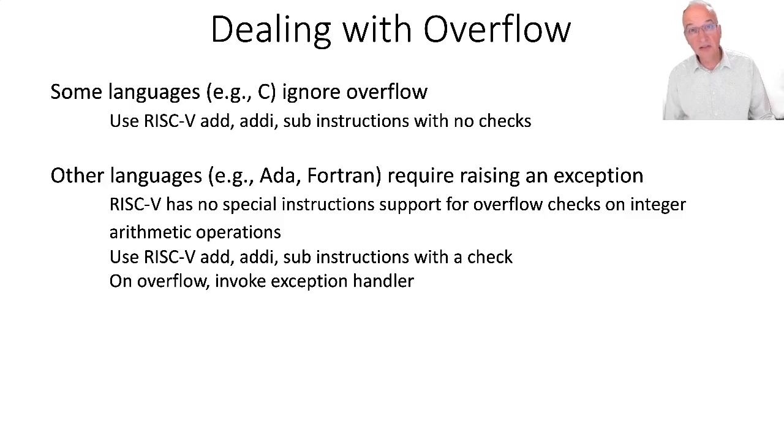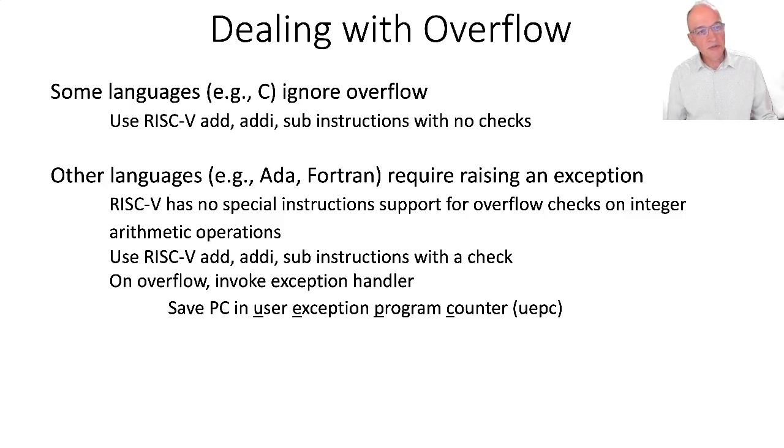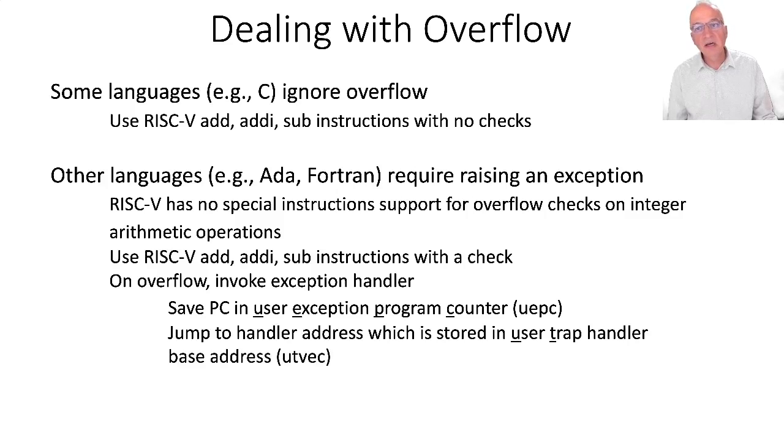I know that we have not discussed the exception handler yet, but soon we are going to be discussing the exception handler in 229. The exception handler will save the current program counter in a special register called the user exception program counter, and then jump to the address of a handler, which is a special program.